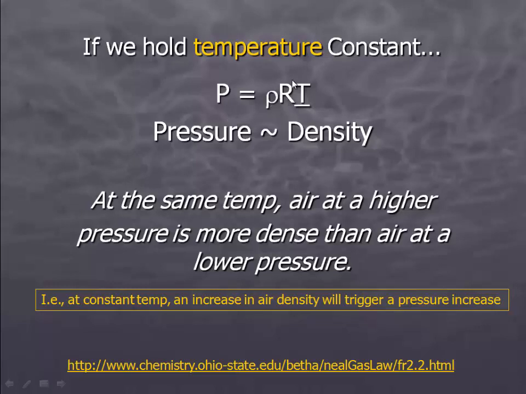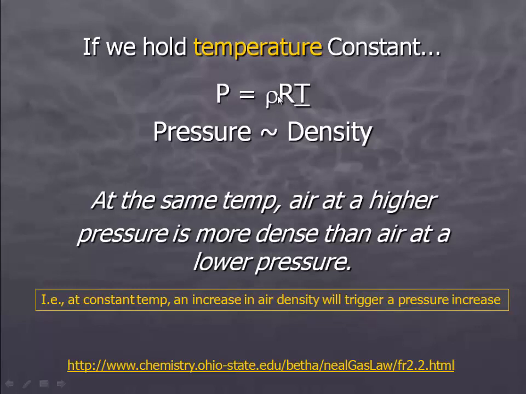Because remember, R is the gas constant. R is already a value that does not change. So if you imagine temperature being constant, what you can do in equations when things are constant is essentially cross them out. Right? So T is constant, R is constant, and we're left with P equal rho.